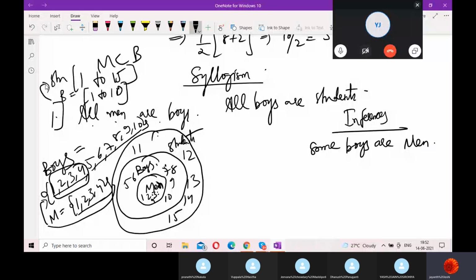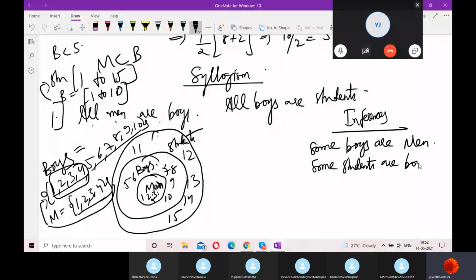If all boys are students, then some students are boys. The numbers 11 to 15 are not in 1 to 10, so some students are boys.